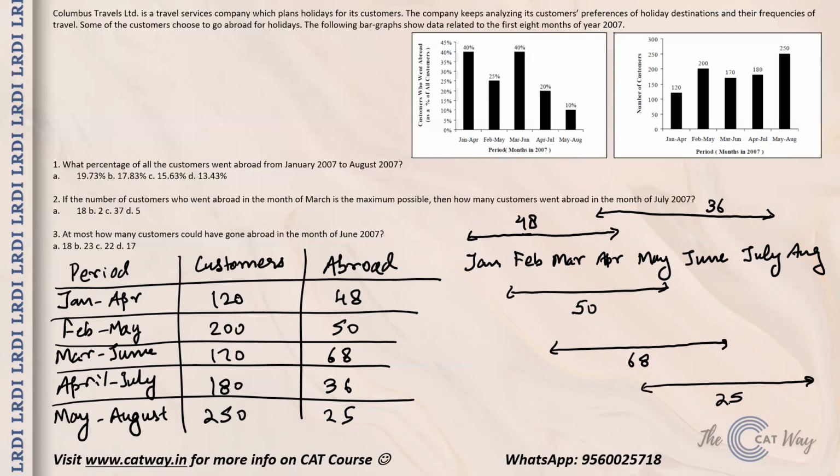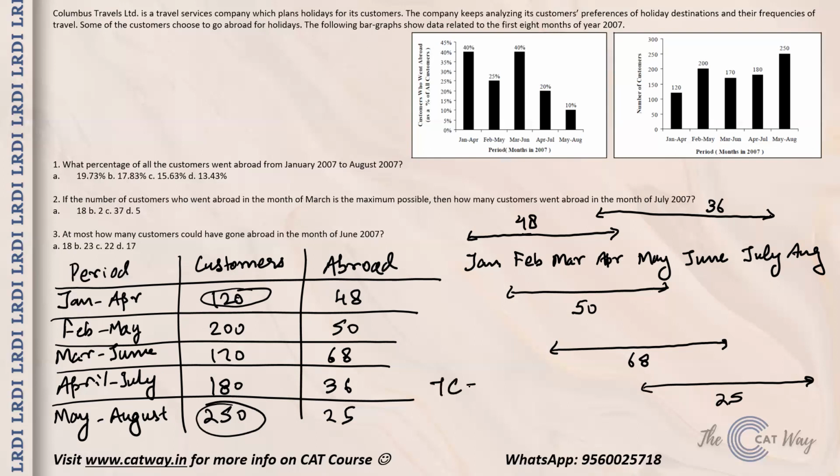Now guys, regarding the total number of customers that we have, where is that data given? From January to April and May to August. If you add these two values, you will get the total number of customers that went abroad and also the total number of customers that are there. So between January to April, you have 120 customers, and from May to August, you have 250.